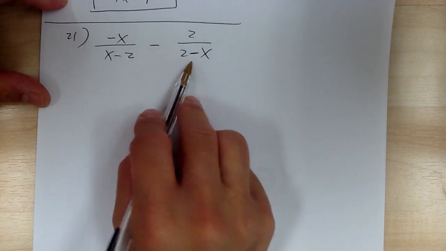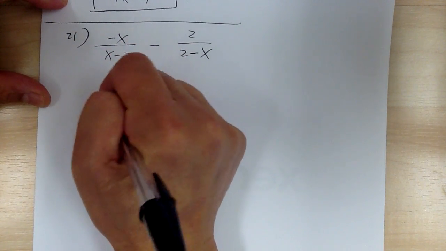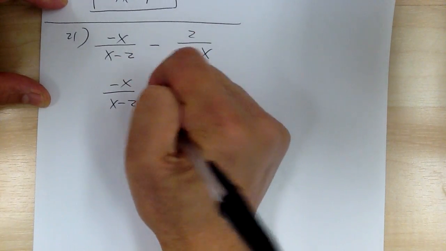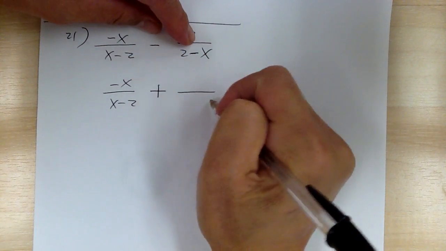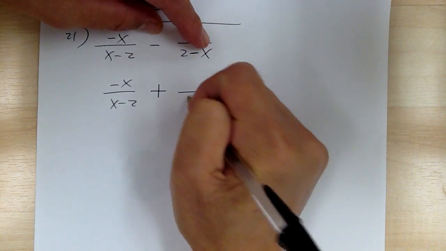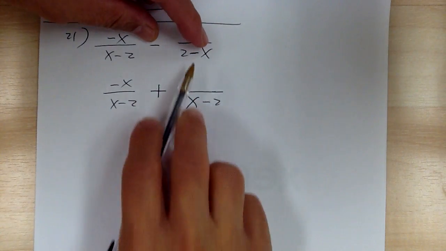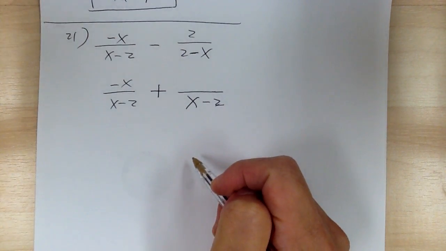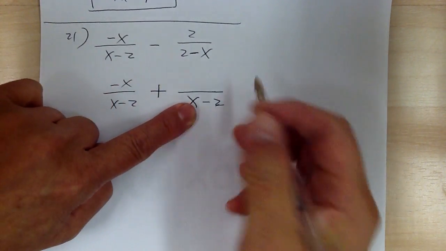So when you use a negative to switch the subtraction, it becomes plus. So this becomes negative 2, and this becomes plus x. Right? This negative becomes positive, and you write it in the correct order. Right? So use the negative to switch the subtraction.